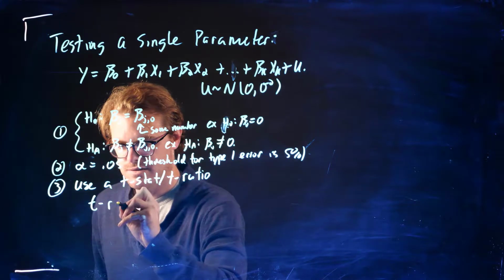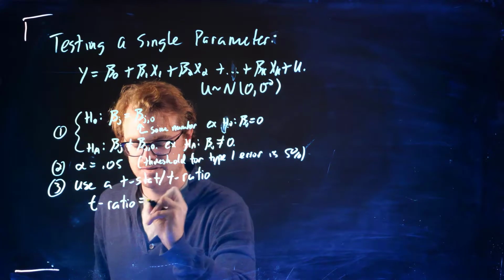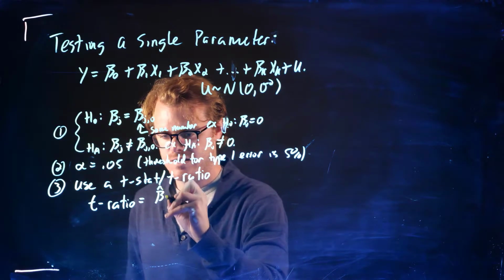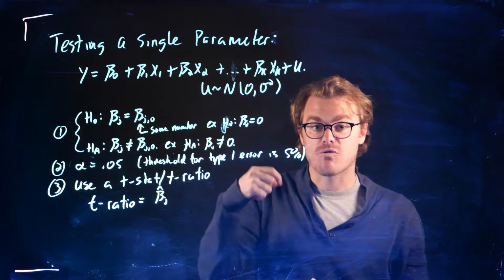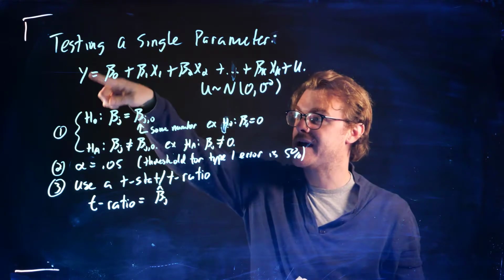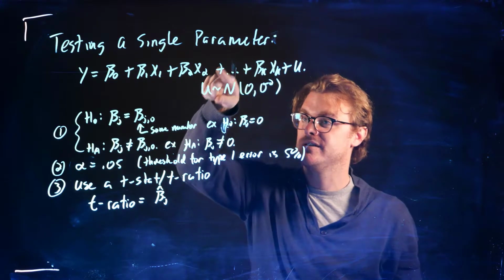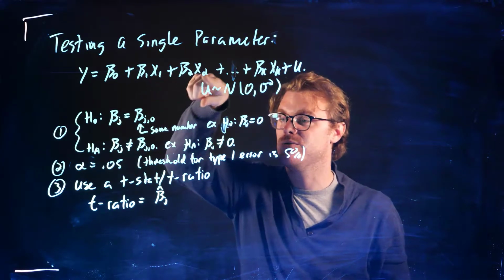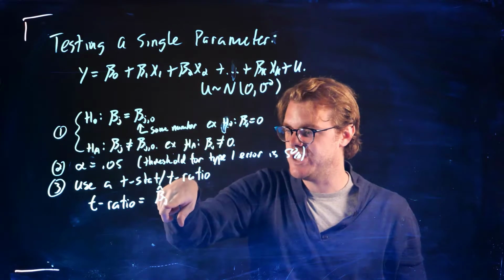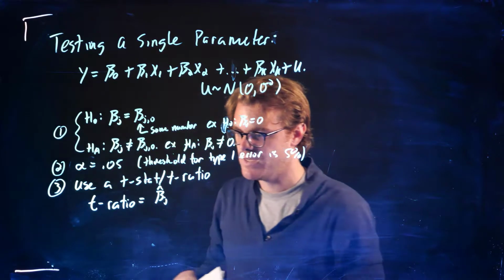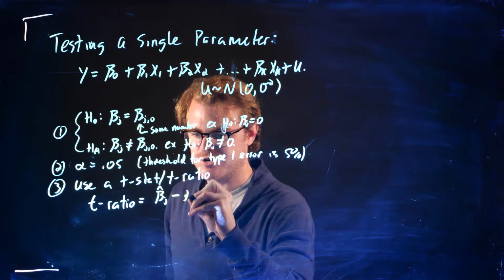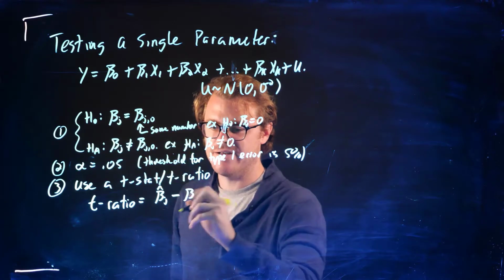But the t-ratio is going to be whatever our beta hat j was from actually running this regression. So we ran this regression, and the jth could be beta 1 or beta 2, whatever j is equal to. If j is equal to 1, then it's beta 1. Then we're going to subtract what our hypothesized value is.